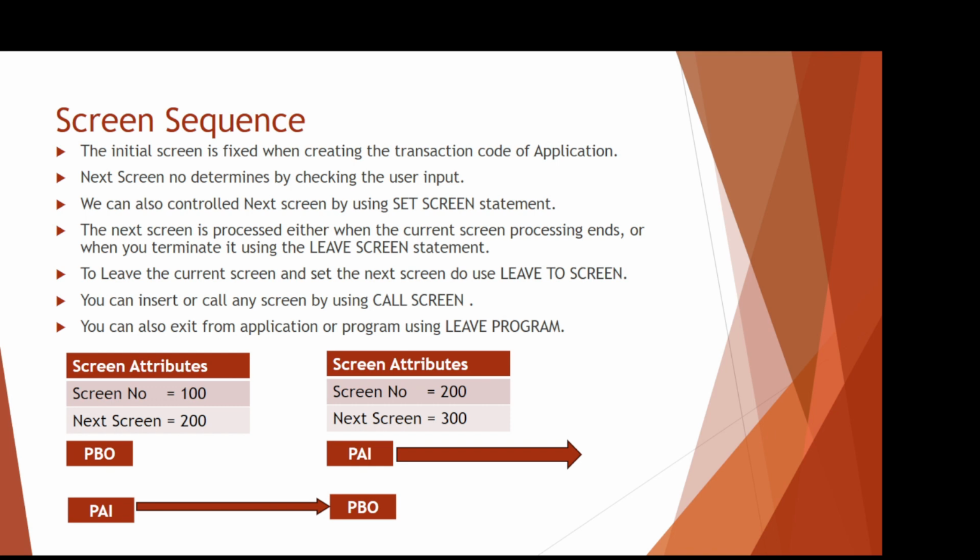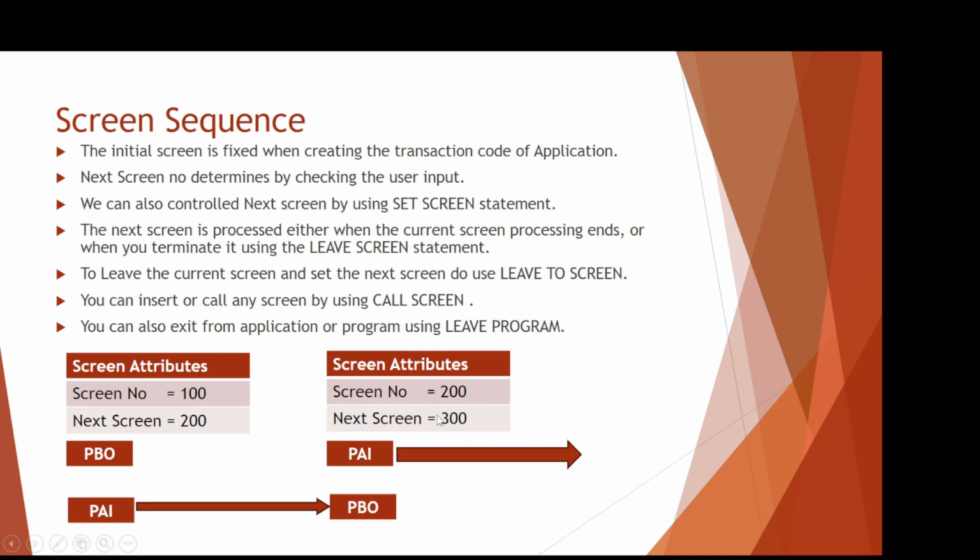So for now, let's understand that if we have two screens, the first screen number is 100 and the second screen number is 200, we can call it by fixing its next screen number 200, and by fixing the next screen number of screen 200 to 300.